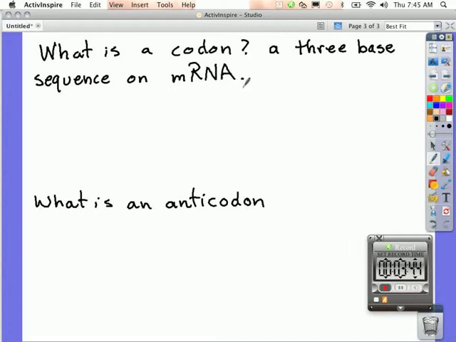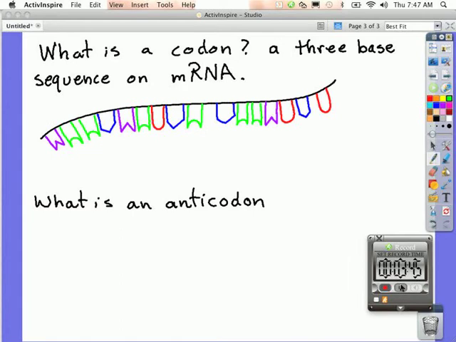Okay, so red I should make adenine. If red is adenine, what would the other, green, be? If this is adenine, this is adenine, and this is adenine, what would the green ones be?